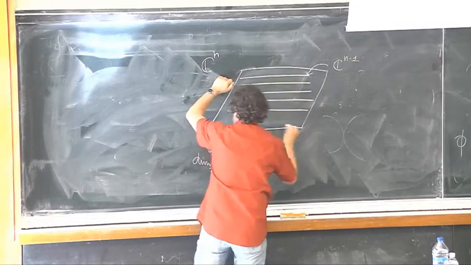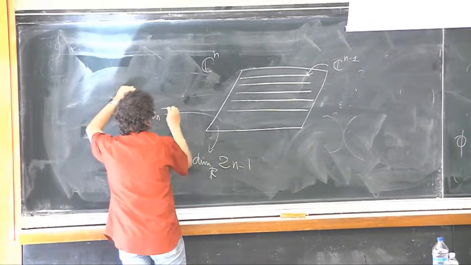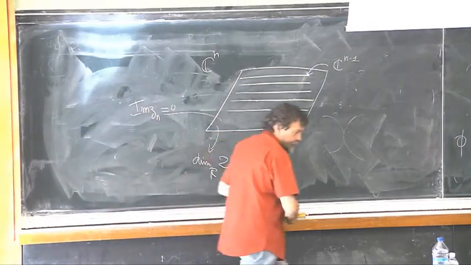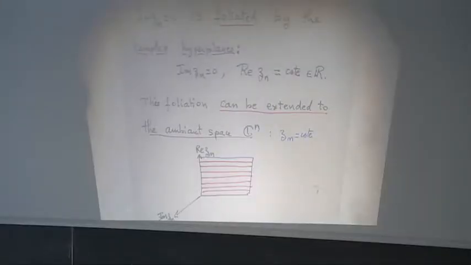So this is imaginary part of Zn equal to 0. As a consequence, if a hypersurface is conjugated to a hyperplane, you have in this hypersurface a family of complex submanifolds.